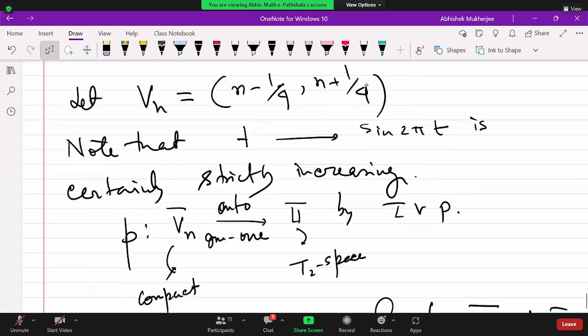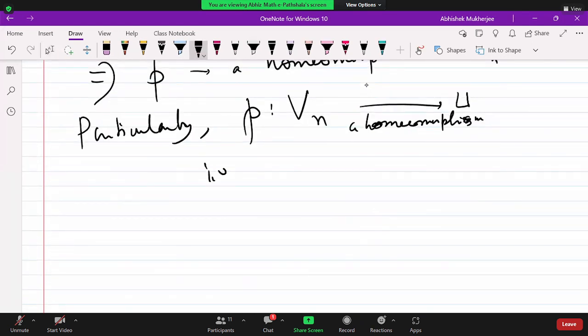That means these intervals are all homeomorphic to U via P.